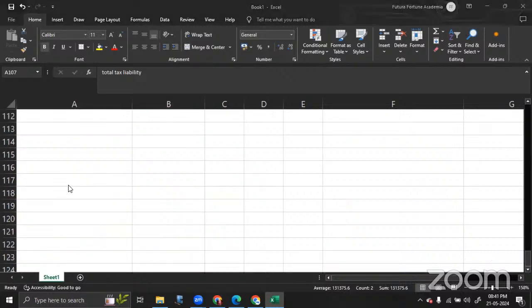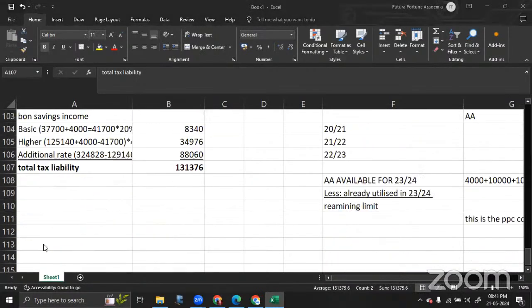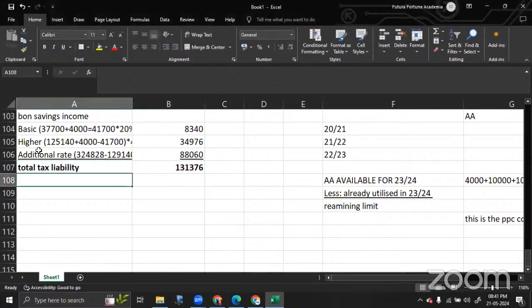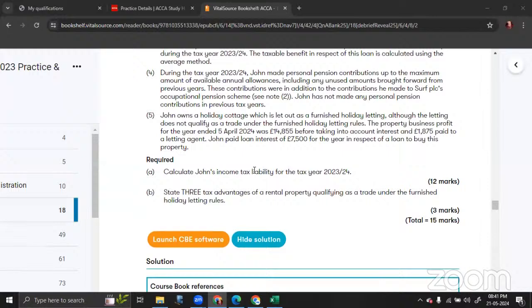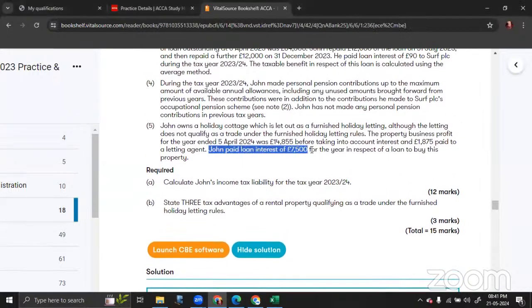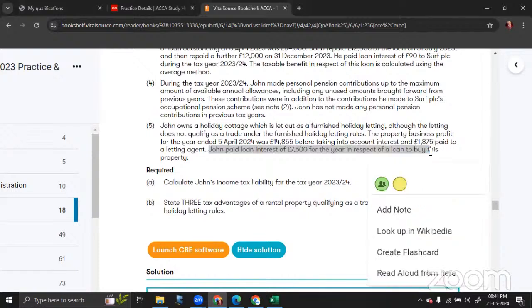Okay, there is one final aspect which we missed out. There was an interest cost in the question, in the property income. John paid a loan interest of 7,500 in the year in respect of a loan to buy this property.